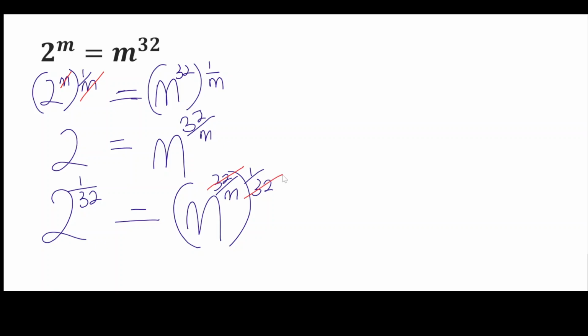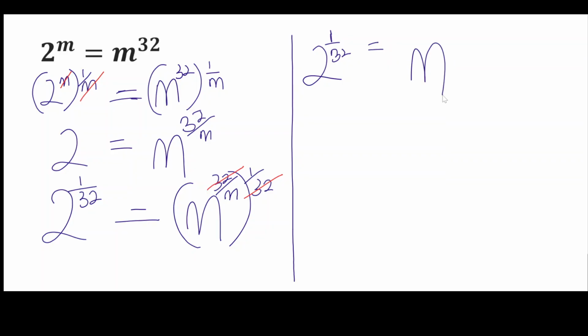So we're going to be having 2 to the power of 1 over 32 equals m to the power of 1 over m, as in this case.